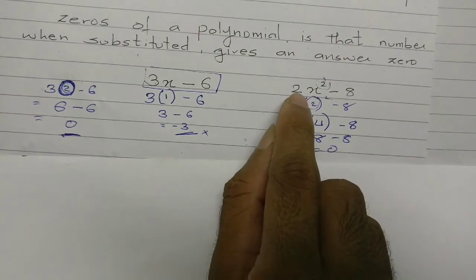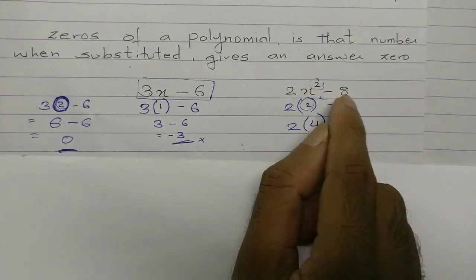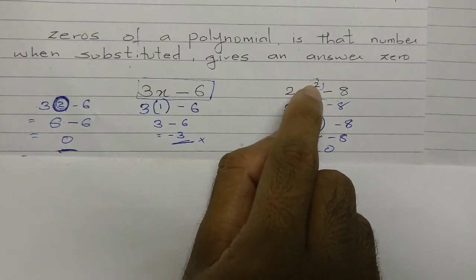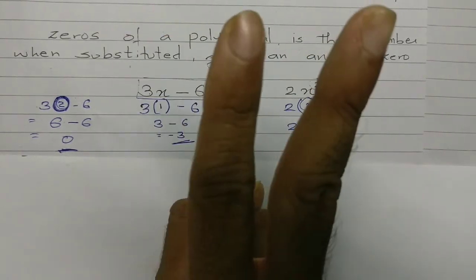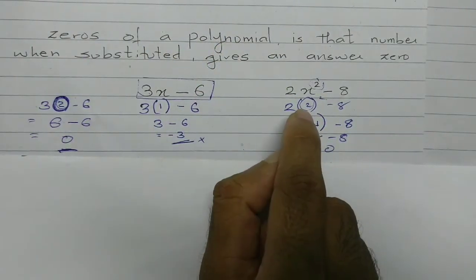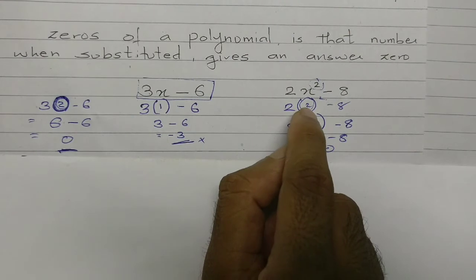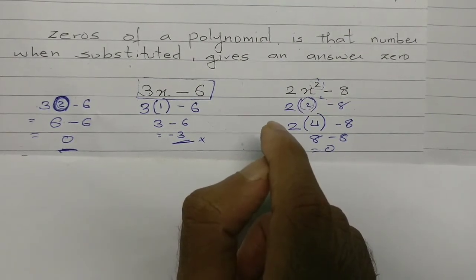In a quadratic polynomial, okay, quadratic I came to know because my degree is 2, in this kind of a polynomial, there will be two numbers which will be zeros of the polynomial. The first one is 2, the second one you need to find out. And it's very simple.